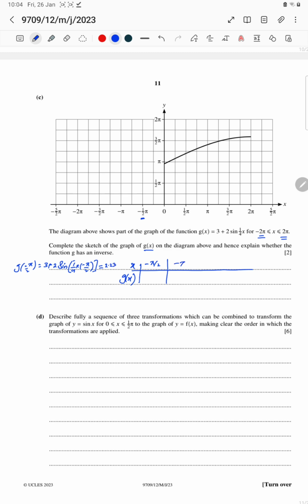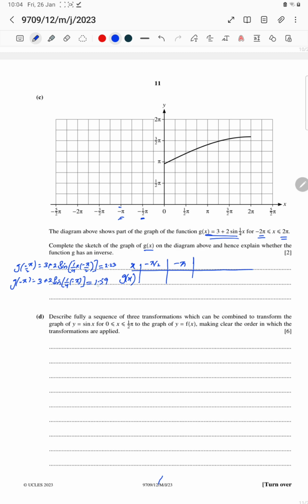Similarly, g of minus pi equals 3 plus 2 sine of 1 by 4 times minus pi, and with the calculator in radian mode I will get 1.59.